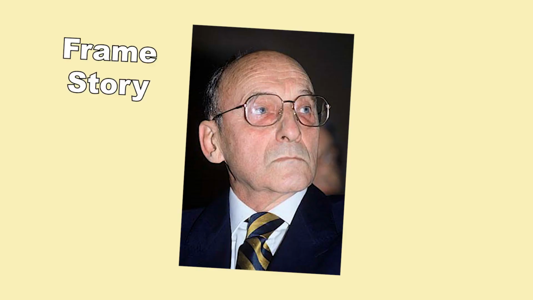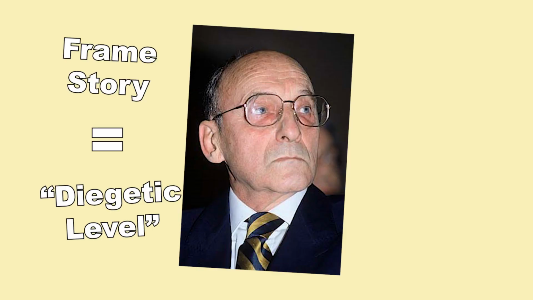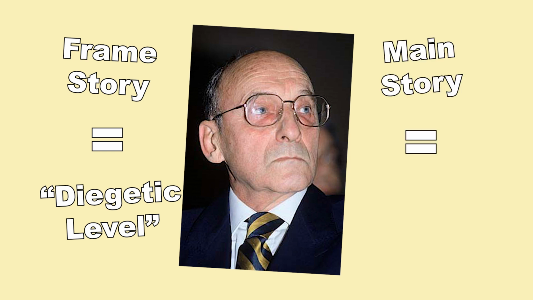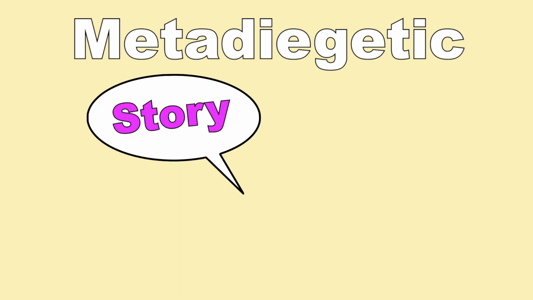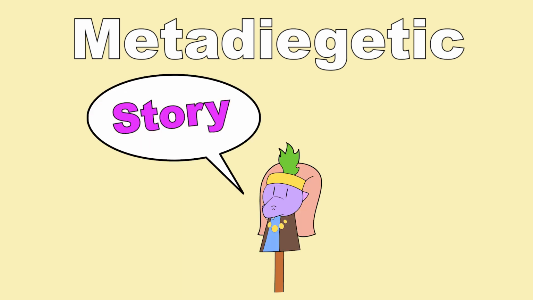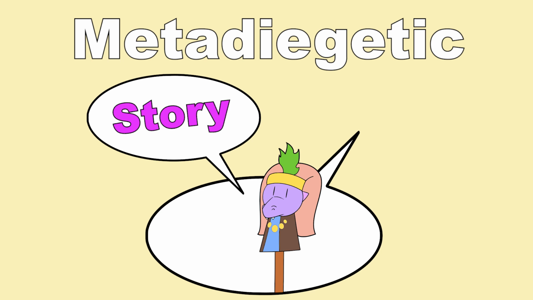According to him, the frame story is told at the diegetic level, while the stories narrated by Scheherazade are told at the metadiegetic level. Metadiegetic basically means that the story is being narrated by a fictional character who is themselves a character in a frame story.